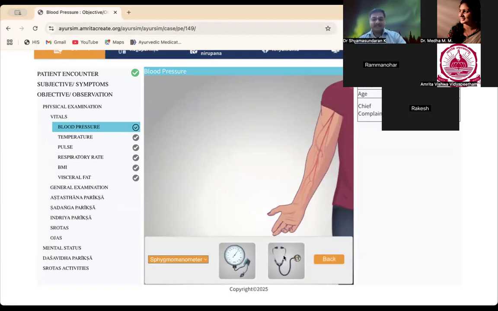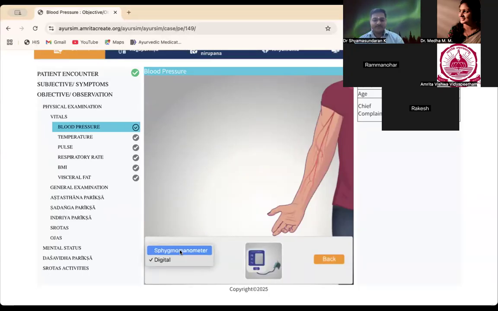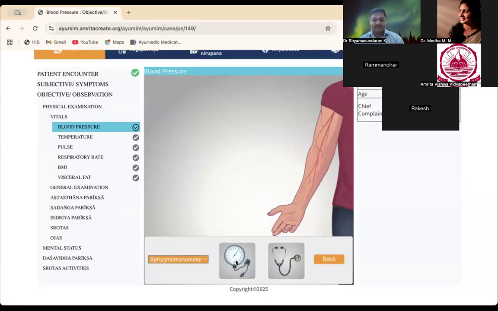Now this is another activity wherein you are dragging and dropping. You have to choose sphygmomanometer or digital, whichever you want. When you choose sphygmomanometer, you have to first put the cuff.